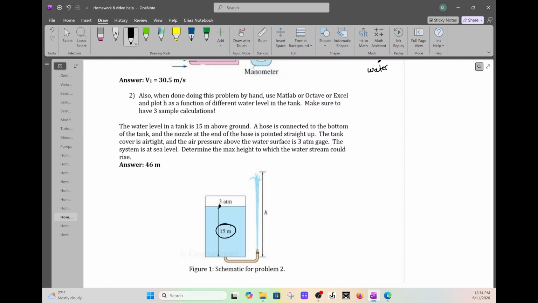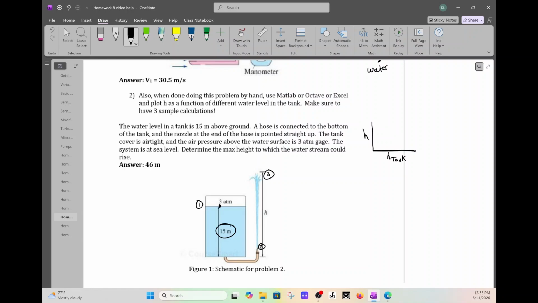So you're going to have H versus, let's put, HT of the tank. So what I would do is just do Bernoulli's. Bernoulli's from here to the exit, and then do Bernoulli's from there to here, because energy is conserved from state to state.